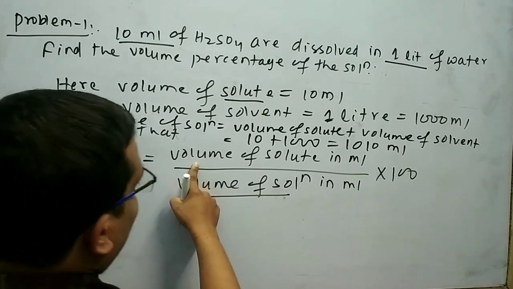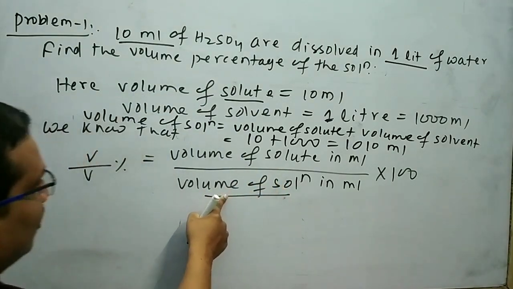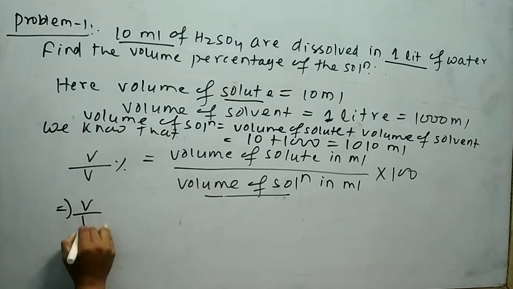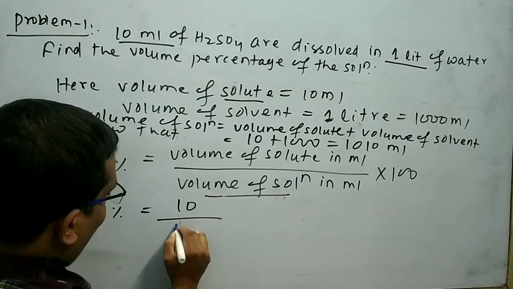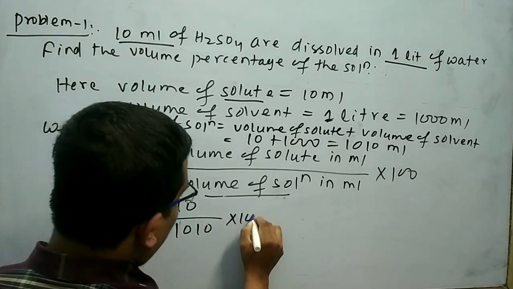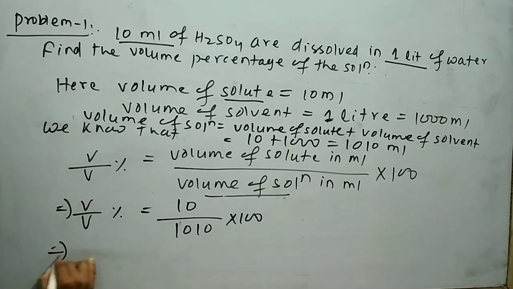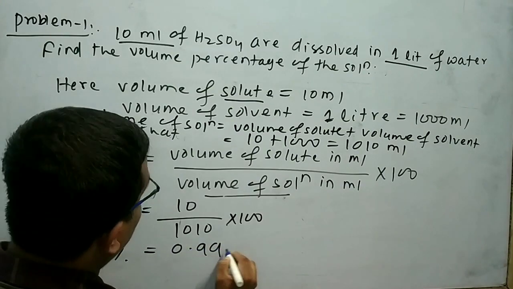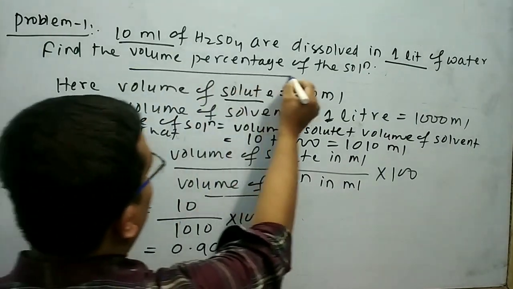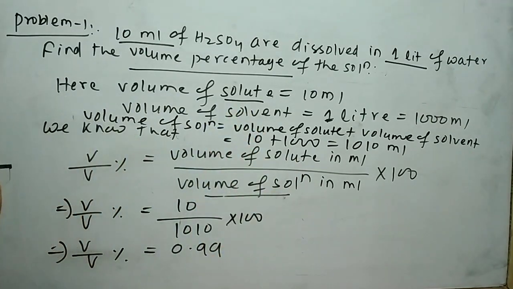Now put the value of volume of solute and volume of solution here. That means I can write V by V percentage equal to 10 by 1010 into 100. By calculation, V by V percentage equal to 0.99. Our question is to find the volume percentage of the solution. The volume percentage of the solution is 0.99.